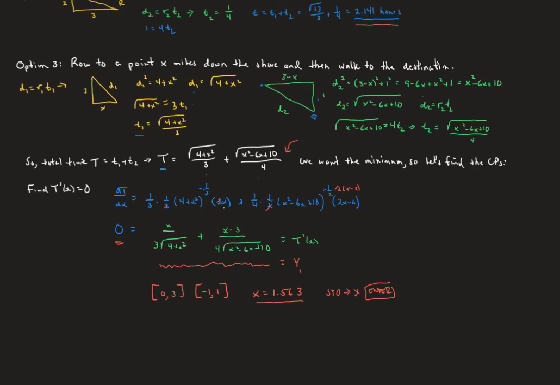So when you plug that in, that t of our 1.563, then what I got was 1.284 hours. So you can see that that is shorter than the 2.141 hours that we got with the better of our two options, rowing and walking the minimum distance.